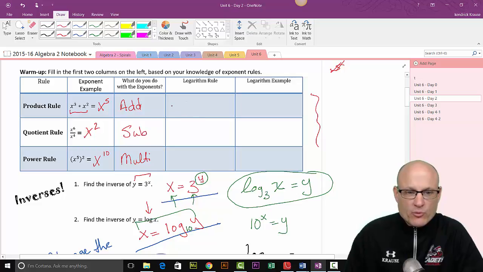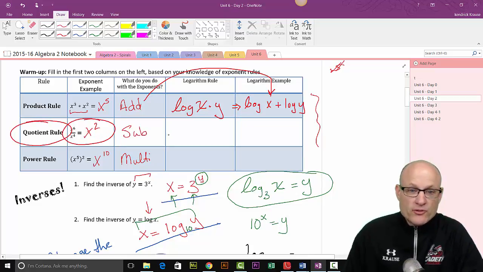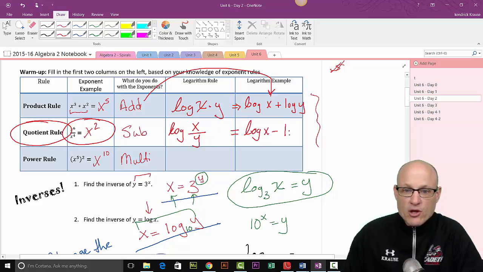There are three basic logarithmic rules. One is the product rule. So for example, if you had log of x times y, that's equal to the log of x plus log y. Notice we added. If you have division, or a quotient rule, so for example log of x over y, this is equal to the log of x minus the log of y.